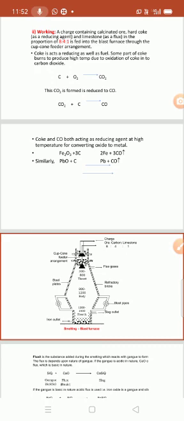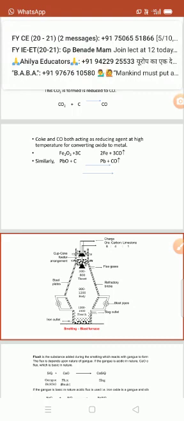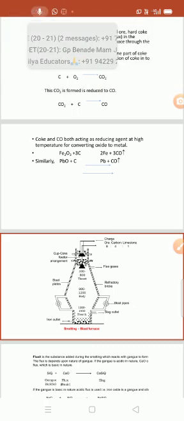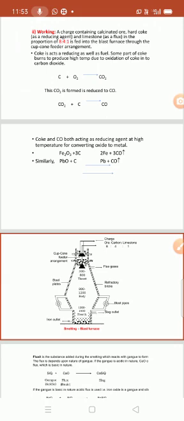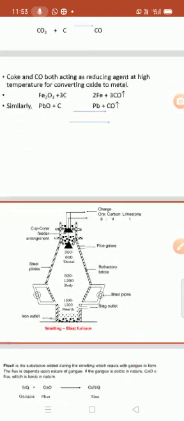Mainly three zones occur: 300 to 800 degrees Celsius, which is the reduction zone; then 800 to 1200, which is the absorption zone; and the last zone, 1200 to 1500 degrees Celsius, where we obtain cast iron.